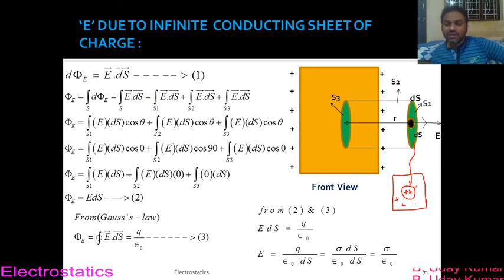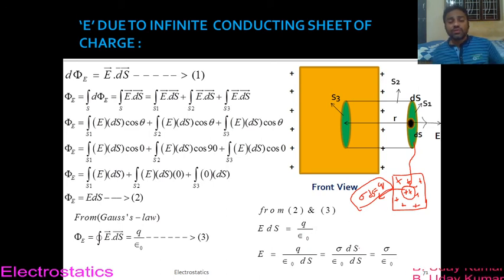So even on this sheet of charge, the positive charge will be present inside this circle. Is that clear? And the area of this circle is ds. If the charge present in this circle is taken as Q, then I can write Q as sigma into its area, and the circle's area is ds, right? So I can write Q as sigma into ds. That is what you have to understand here.